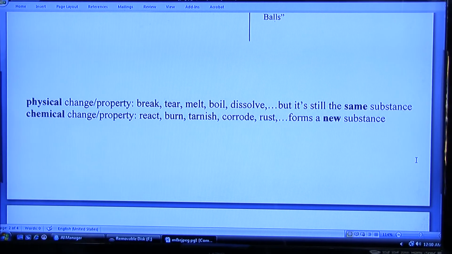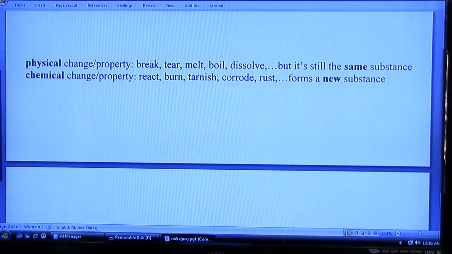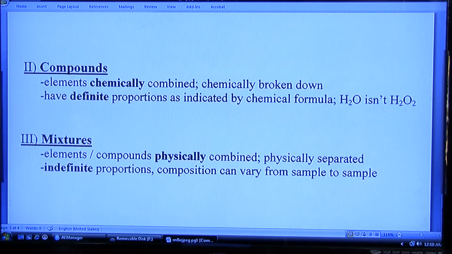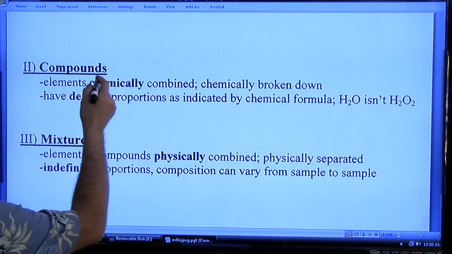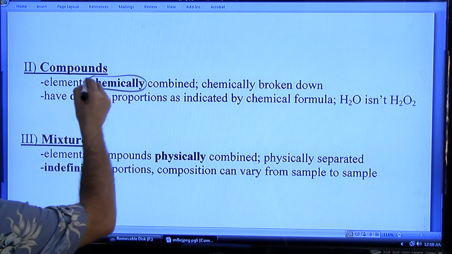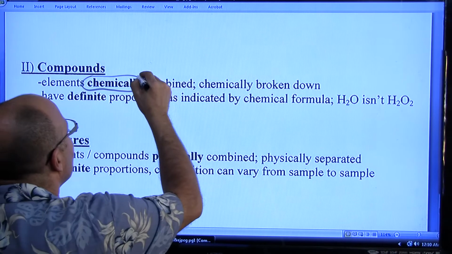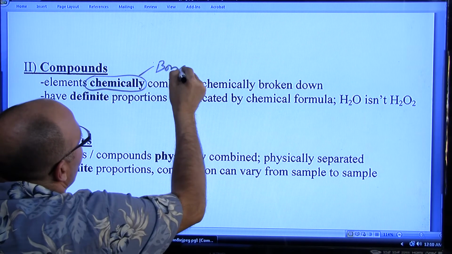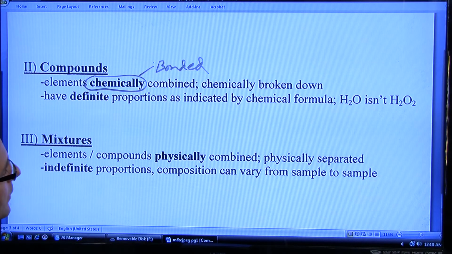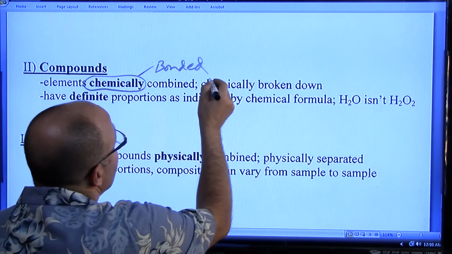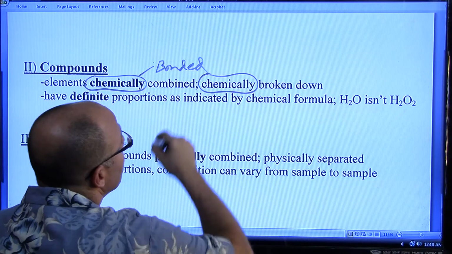Okay, let's continue. Now, if we want to compare and contrast compounds and mixtures, I would focus on, when it comes to compounds, we're talking about elements chemically combined. You might want to use the term bonded to each other. Because of a chemical reaction, the elements have been bonded to each other. And of course, if they are chemically combined, to break down a compound, you would need a chemical change.